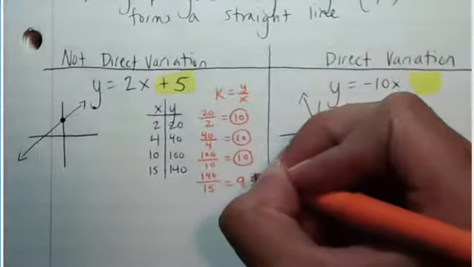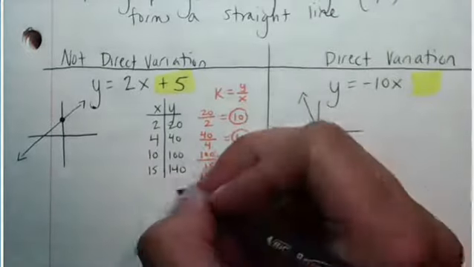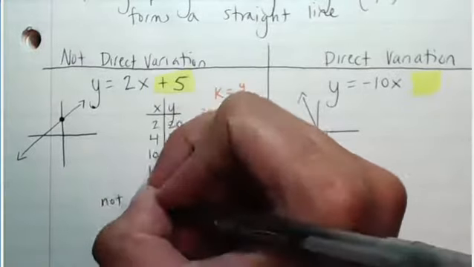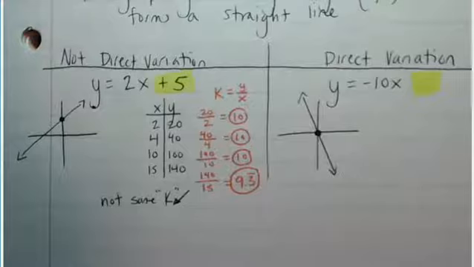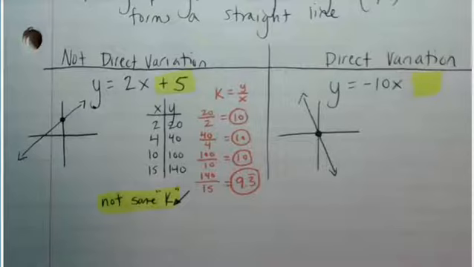So because that last one does not have a constant of variation of 10, that would mean that it's not a direct variation. So this would be not the same k. Highlight that. Every point has to have the same constant of variation.